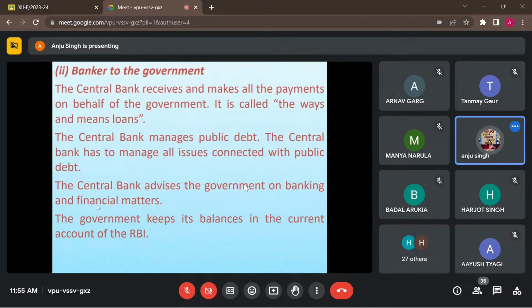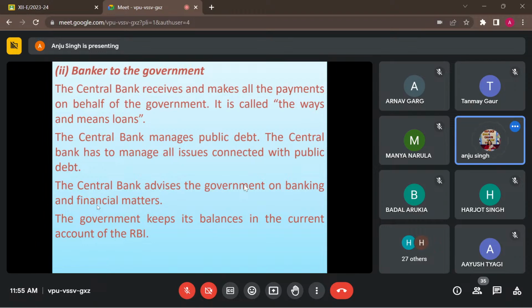Now, second function, banker to the government. On behalf of the government, the central bank plays all the functions of the government's bank. So what does it do? It receives deposits, revenue for the government, and makes all payments on behalf of the government.